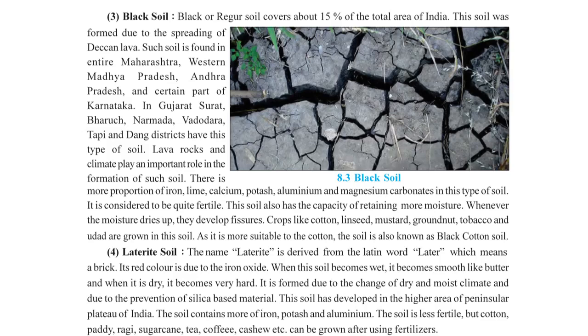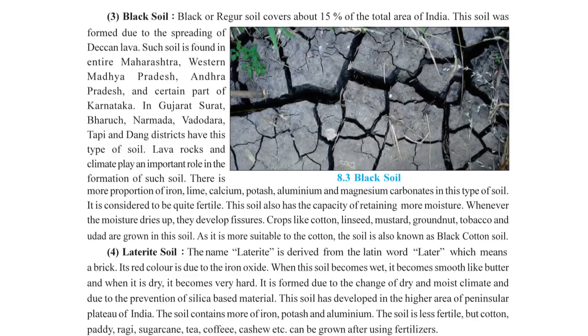This soil is less fertile, but you can grow cotton, paddy, ragi, sugarcane, tea, coffee, cashew, etc. after using fertilizer. You have to use good quality fertilizer, and after using it you can grow all these products on laterite soil.